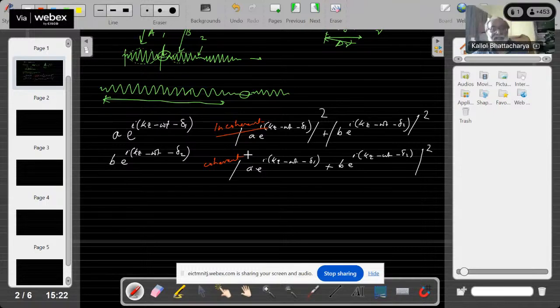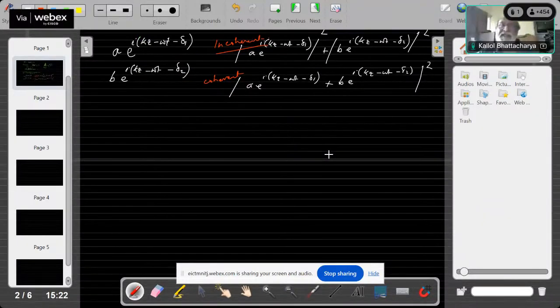Okay. Because we are discussing interference, we will assume that the two beams which are interfering, which are superposing, are coherent between themselves, and we have to add their amplitudes and take the square modulus.